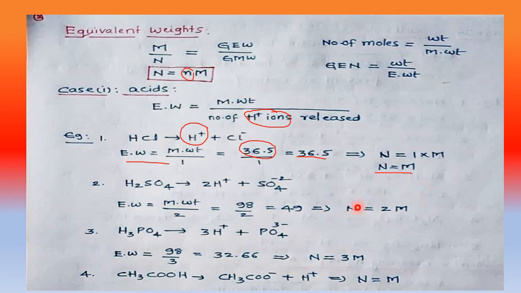Here, normality and molarity relation: N equals 2M. What is the meaning here? For example, I give H2SO4 concentration 0.1 M. What about the normality? For H2SO4, what is the relation? Normality equals 2 times the molarity.